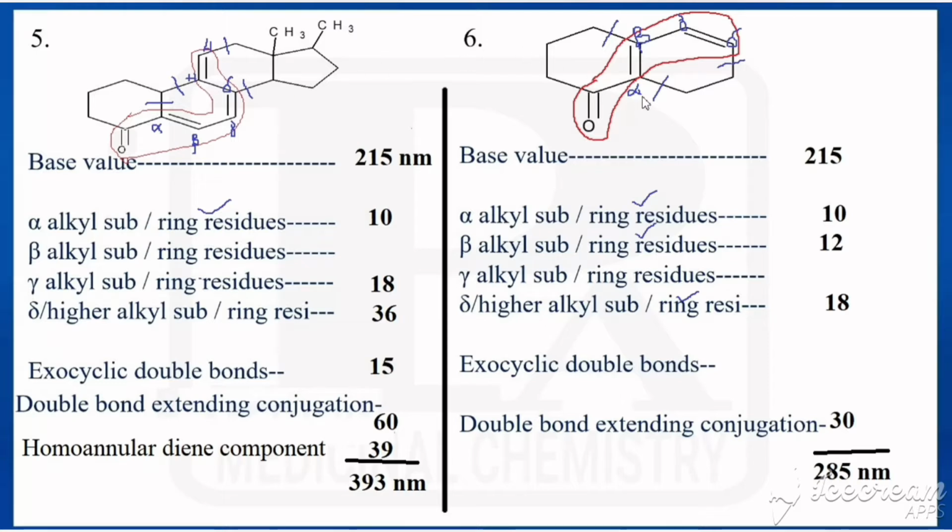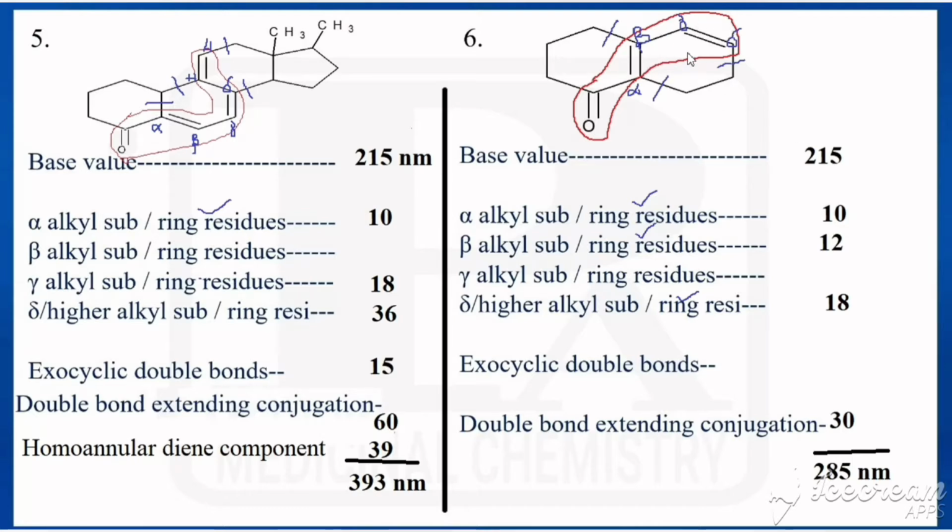Now come to the next one. So for this one, this would be the parent. So this is an enone or alpha beta unsaturated carbonyl compound. Okay. So for this, ketone is present in a 6-membered ring, same as that of the earlier one. That's why the parent value, that is the base value, would be 215 nanometer. Now it is not having any alkyl substituents.